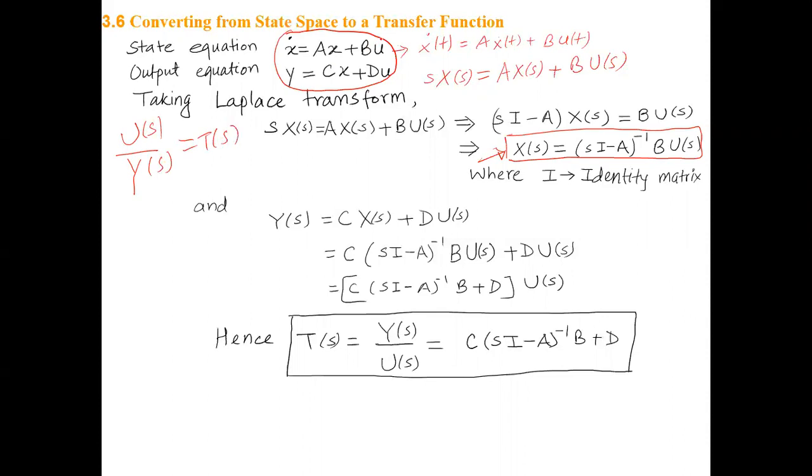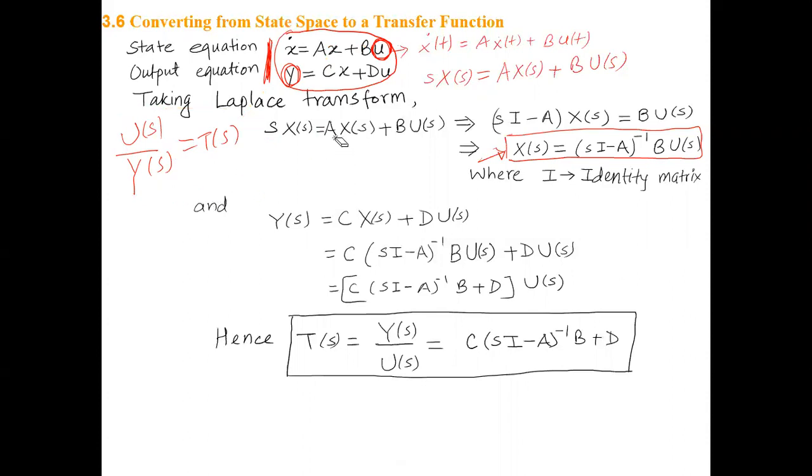So you have to get the Laplace transform of this guy and this guy from these two equations and put it here like this. It means we are going from chapter 3 to chapter 2.